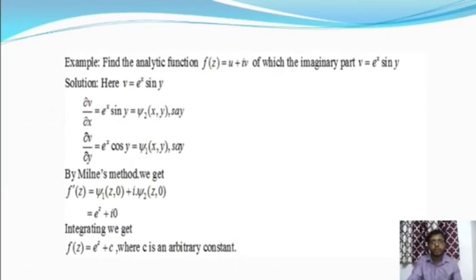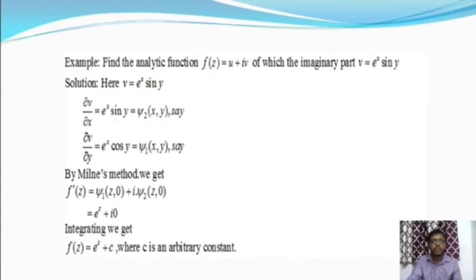Okay, so now putting x is equal to z and y is equal to 0 in the first and second expressions. In the first expression we get phi 2 of z comma 0, which will be 0, since sin 0 is equal to 0. And in the second expression, if we put x is equal to z and y is equal to 0, we get e to the power z into 1, that is e to the power z.